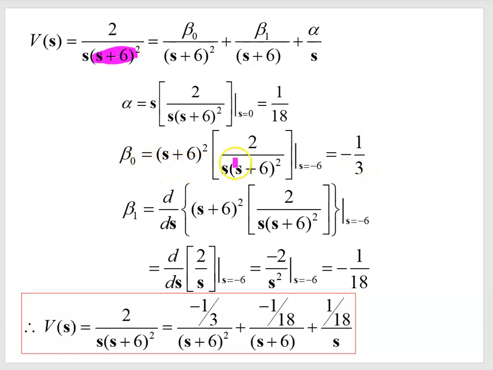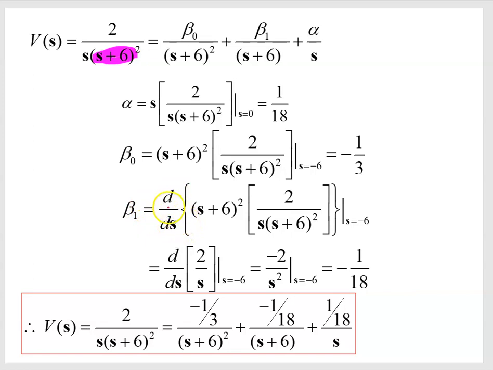This shows algebraically how we can write that out, but we can see it here quickly by practicing the cover-up method. So that system, again, we can do the same way. It's the beta 1 that's new in this video. For the beta 1, we have to take the first derivative.